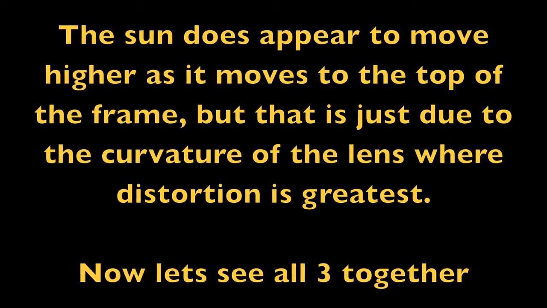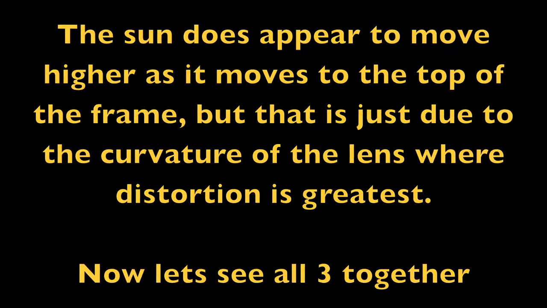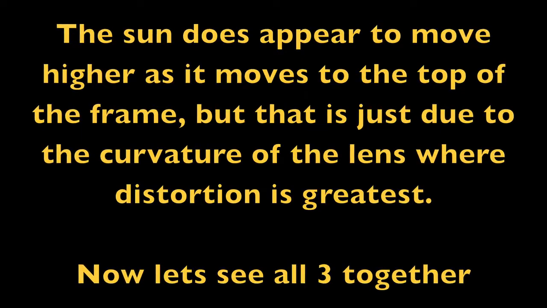The sun does appear to move higher in relation to the horizon as it moves up to the top of the frame, but I think that is just due to the curvature of the lens where distortion will be the greatest. Now let's see all three together.